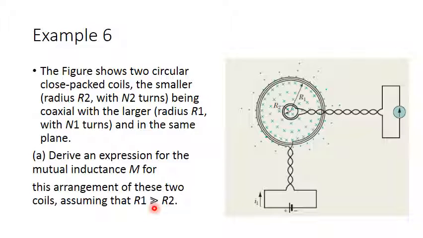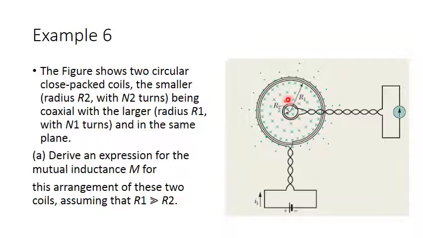First of all, assume that we are going to start from coil 1. We want to find out the magnetic field B1 due to the current I1. And then this B1, we will find what will be linked by coil 2.